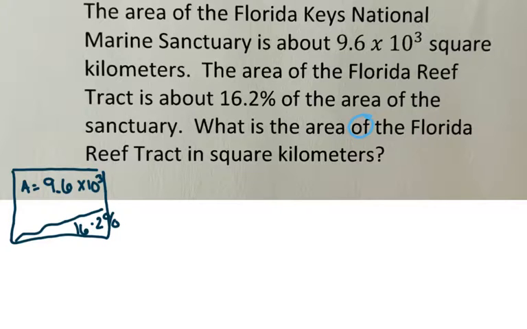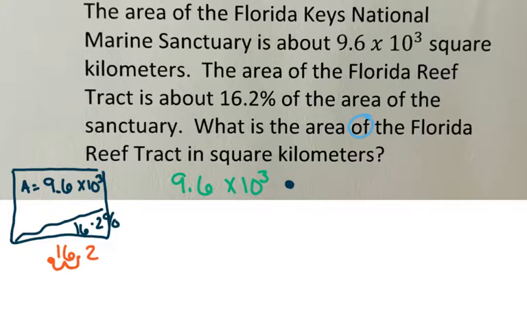So I'm going to start with 9 and 6/10 times 10 to the 3rd. And I want to multiply that by 16.2%. But remember, that means we need to move the decimal place. Okay, so if I want to change this to a decimal, I got to move it 2 places.